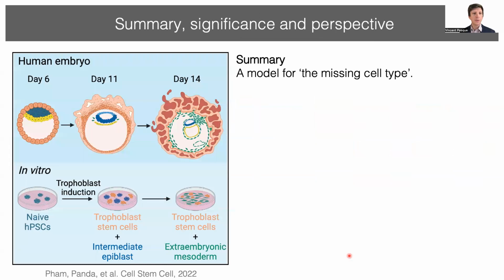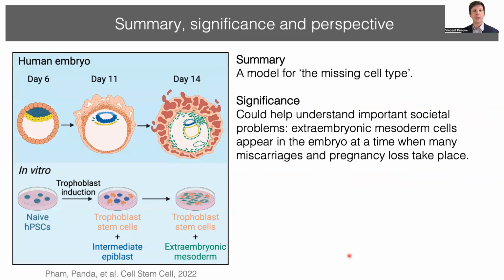So I want to summarize. I told you that we have found a model for the missing cell type that we think could help in the future, and we hope that it could help understand important societal problems, because the cells appear in the embryo at a time when many miscarriages and pregnancy losses take place.